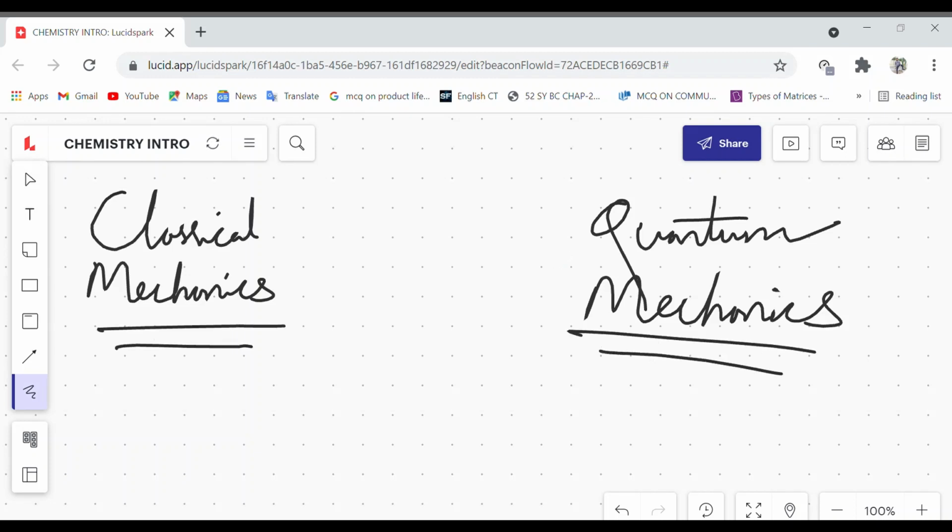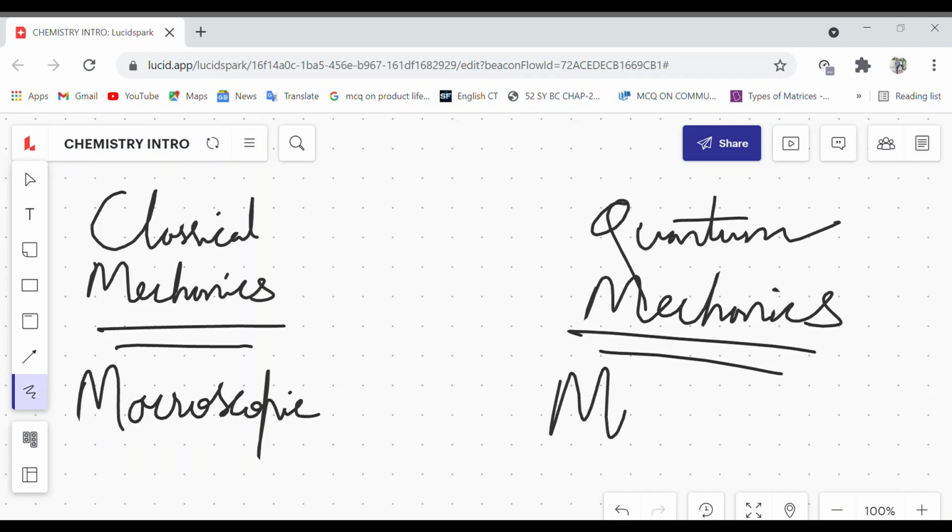Classical mechanics is basically for macroscopic particles. Quantum mechanics is for microscopic particles.